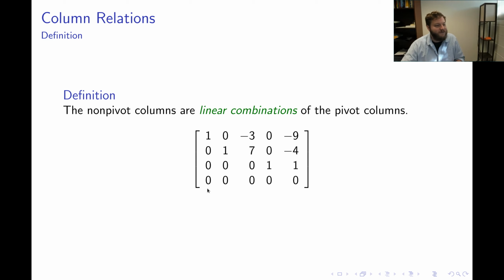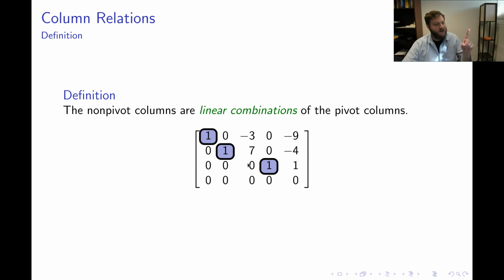So here I have a 4 by 5 matrix in reduced row echelon form, and the pivot columns are in columns 1, 2, and 4. The non-pivot columns are columns 3 and 5. If I look at column 3, that's the first non-pivot column, the coordinates are -3, 7, and then 2 zeros.